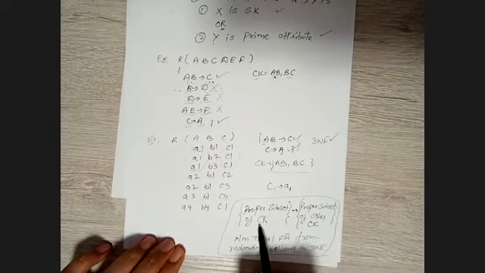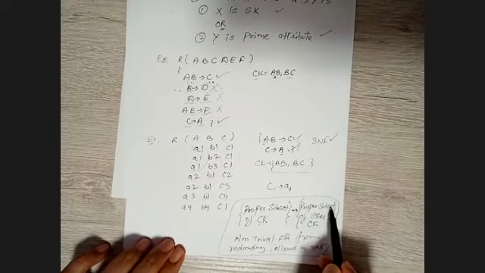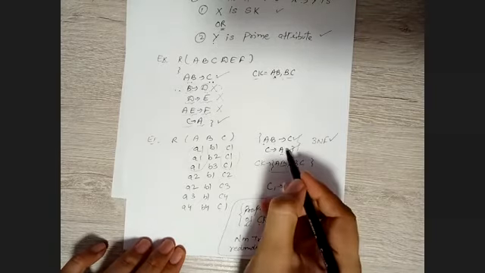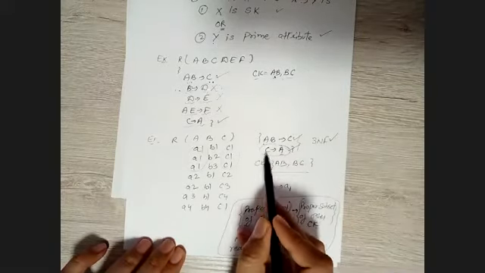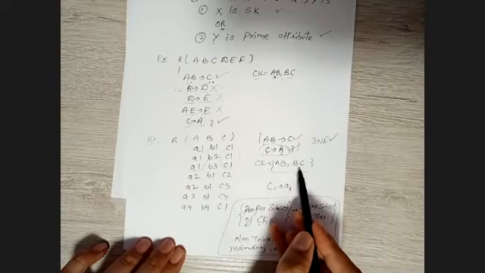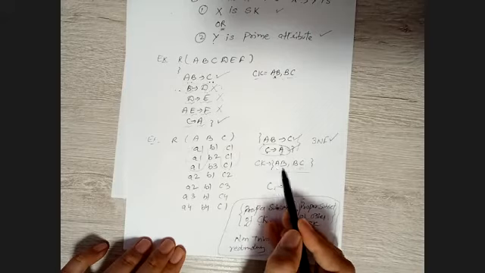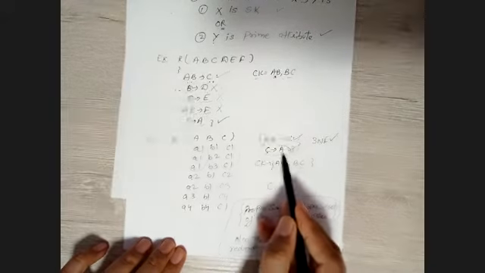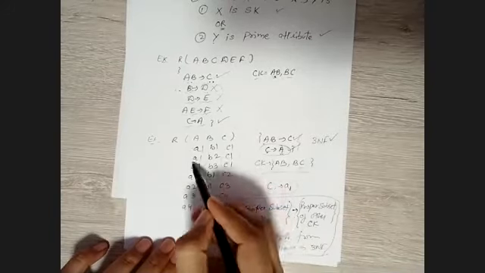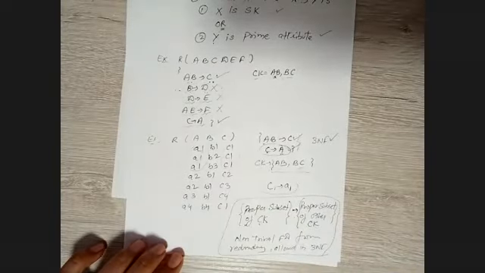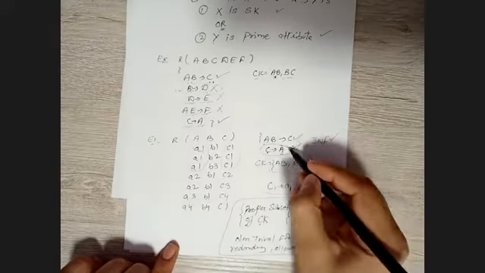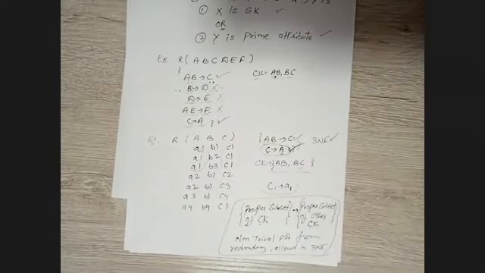Proper subset of one candidate key is determining the proper subset of other candidate keys. See this part. This is a proper subset of one candidate key determining the proper subset of another candidate key. Due to this reason, C determines A, this value is forming redundancy over here, right? And see, these things are allowed in your 3NF.